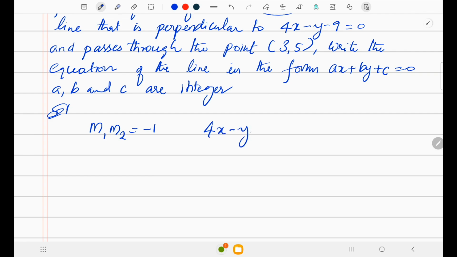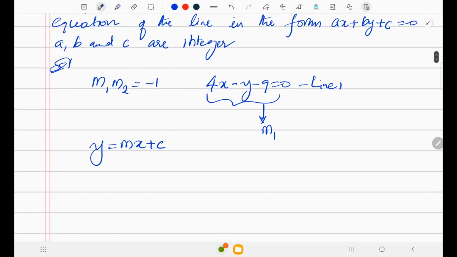4x minus y minus 9 equal to 0. Assume this is line 1. From this line equation, we need to find m1. So what is the line equation? y equals mx plus c.